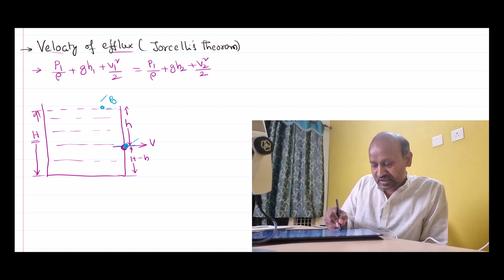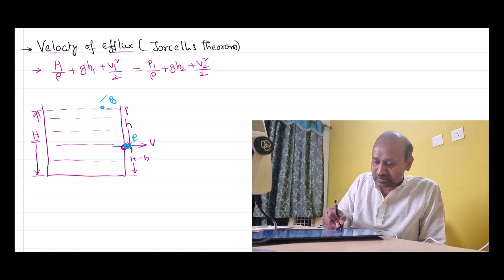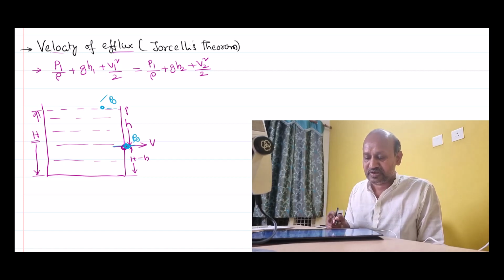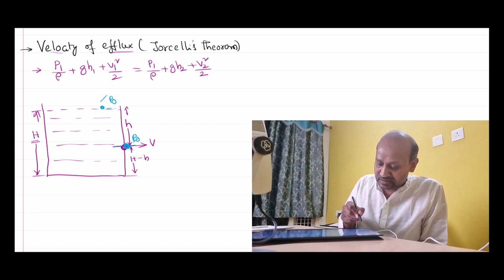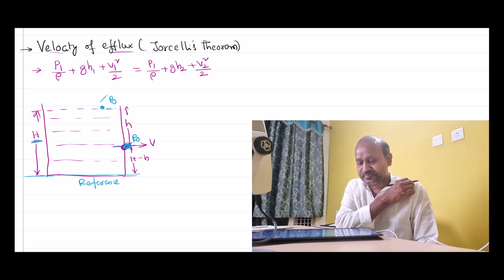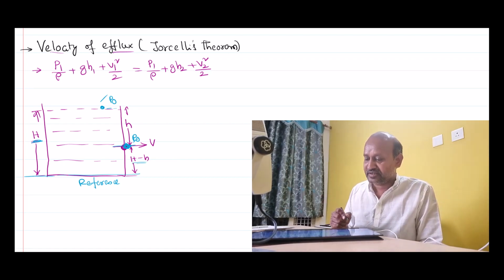Here also we are considering a point when the fluid just came out of that small opening, so that is also open to atmosphere, and also has a pressure P naught. This point, with reference to a reference point, since potential energy is always measured from a reference point, is at a height H, whereas the other point is at a height of H minus h from the reference.